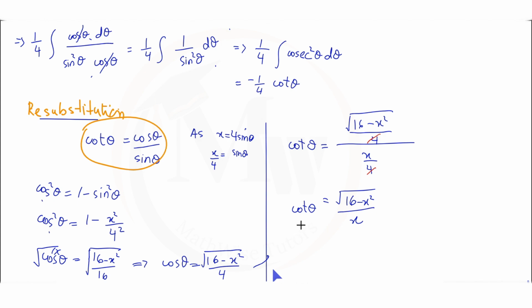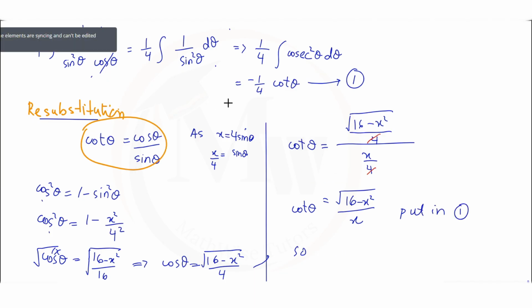Why did we find this value of cot theta? Because we got the answer minus 1 by 4 cot theta, and we want to resubstitute. So for the resubstitution, in the place of cot theta, we'll write its value in the form of x. So put it in equation 1.